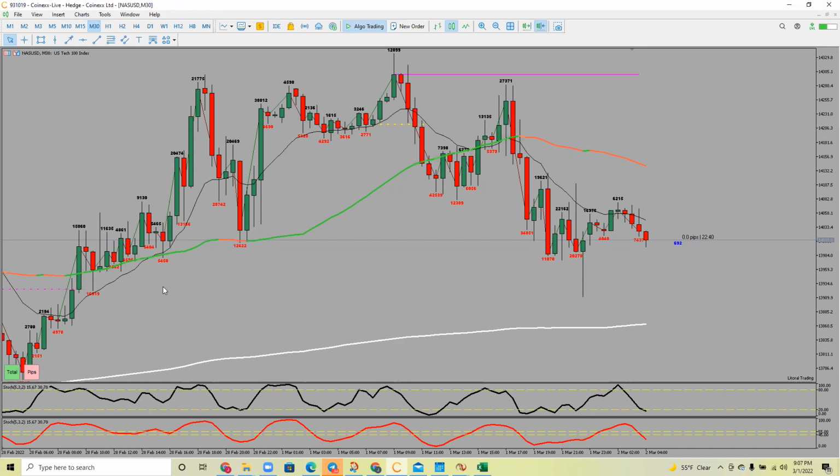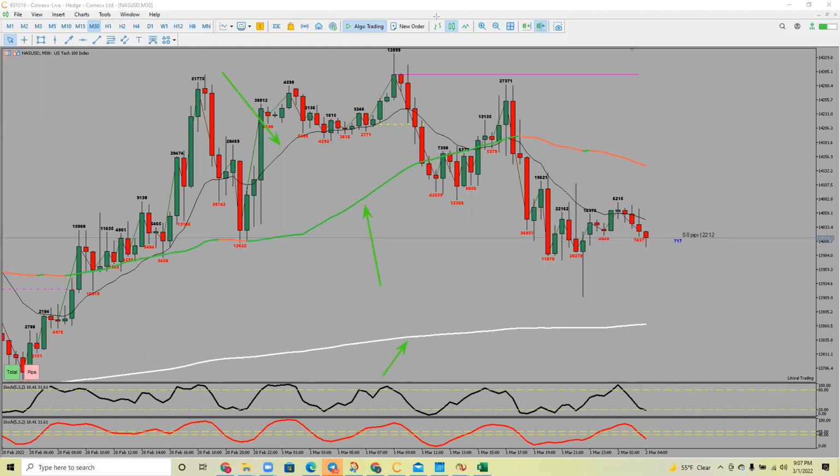So the 50 period moving average, we're using that to show the intermediate trend, right? We have the short-term trend, which is the 15 moving average. We have the 50, which is the intermediate trend. And then we have the long-term trend, which is going to be the 200.